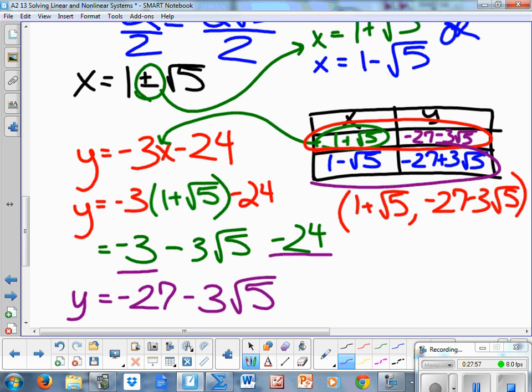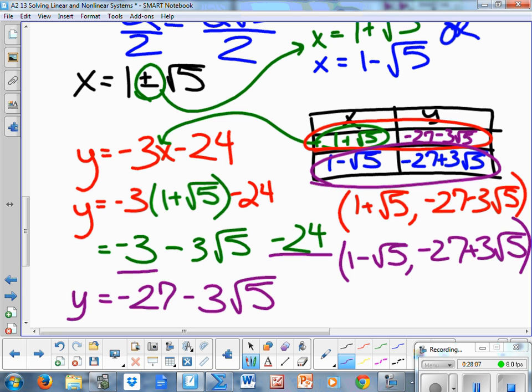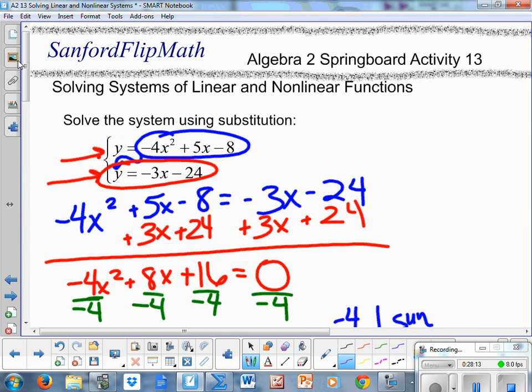We've got 1 minus the square root of 5 and negative 27 plus 3 root 5. Okay, so this one was a little bit messier, but we still found two values that make this system true, because both of those values make both of these equations true.